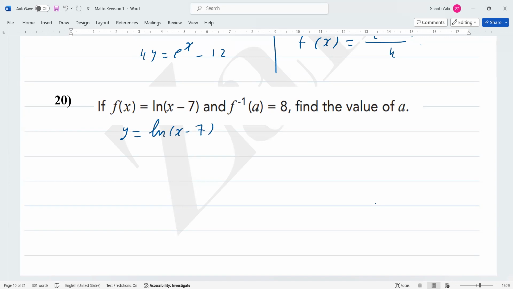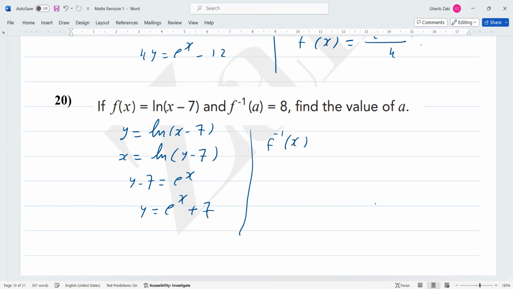Second step, replace y by x and x by y. x equals ln(y minus 7). y minus 7 equals e power x. y equals e power x plus 7. This y is the inverse. Then f inverse of x equals e power x plus 7.